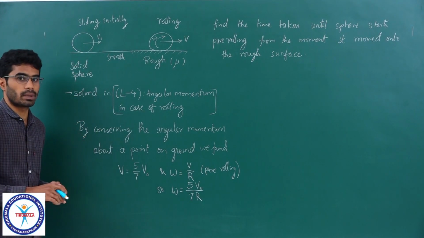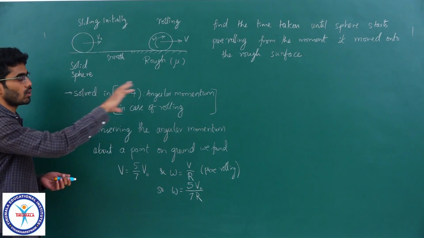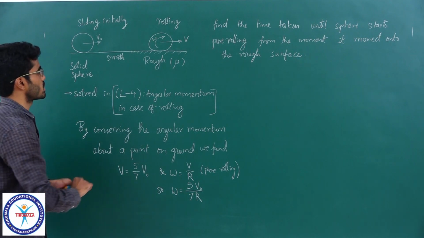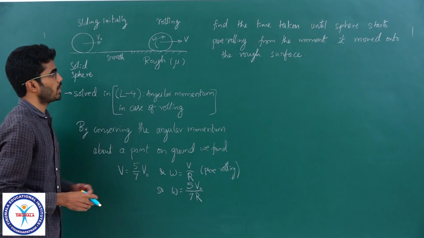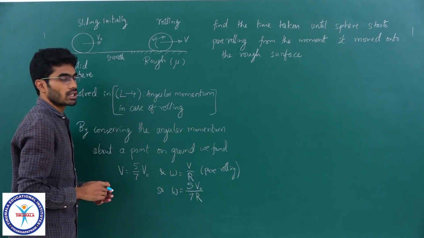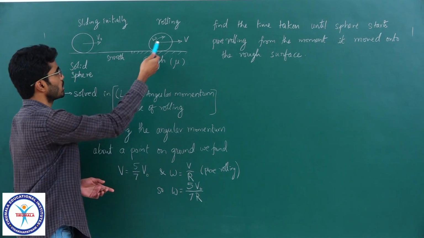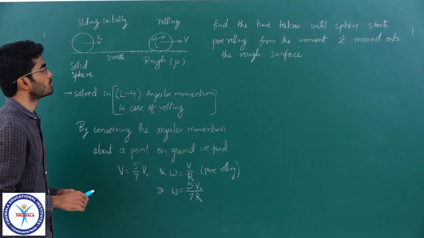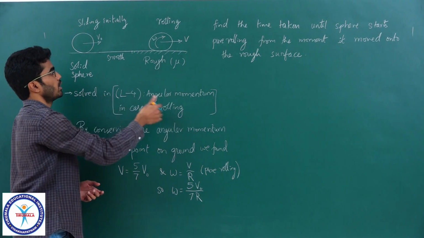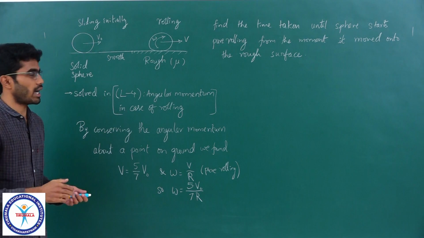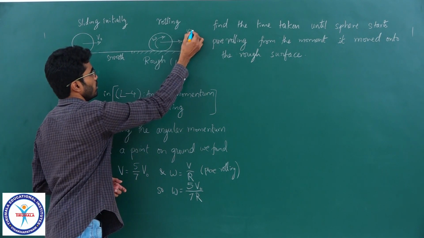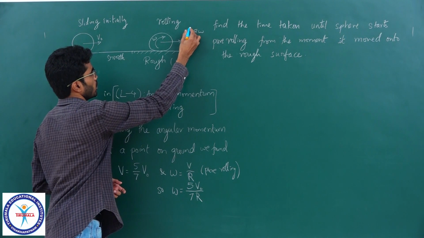It has no angular speed, it is not rotating, it is just sliding on the smooth horizontal surface, and then it moves on to a rough horizontal surface whose coefficient of friction is mu. Friction acts on this and it starts to rotate, and finally it comes to pure rolling. So it has a different speed v and some angular speed also, and v will be equal to r omega when it performs pure rolling.